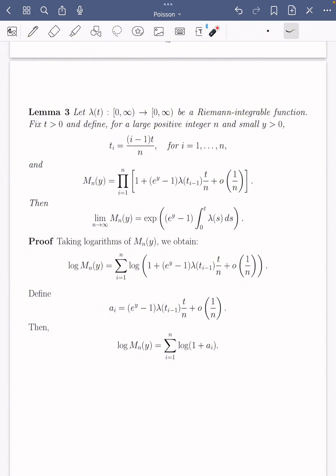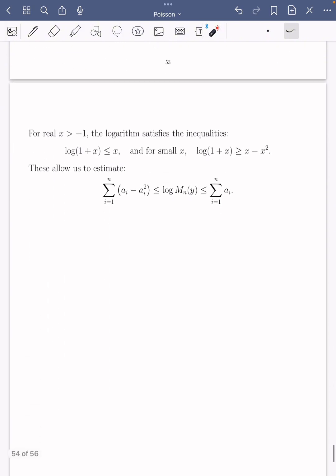First we take the log of this function. We know that the log of M_n is equal to this term, and then we simply denote these terms by a_i. So the log of M_n(y) is equal to the sum of log of 1 plus a_i.